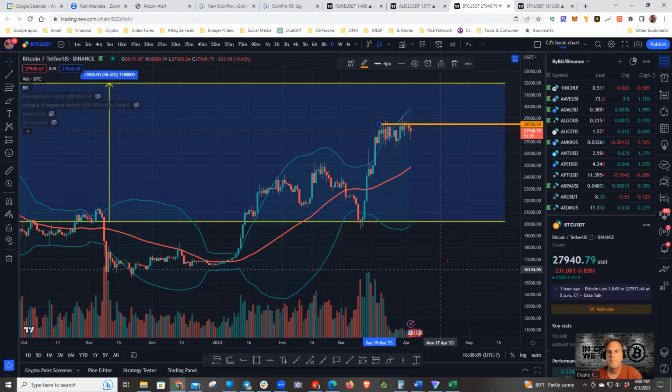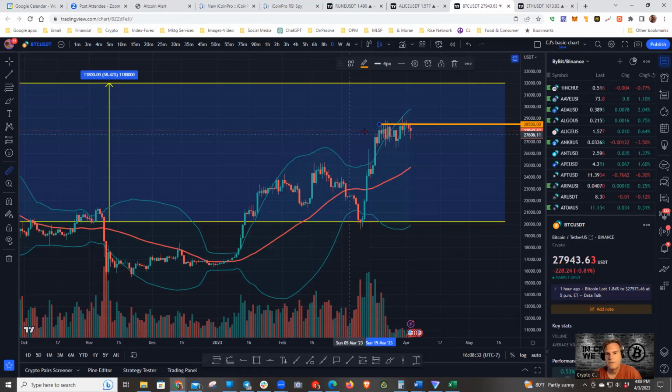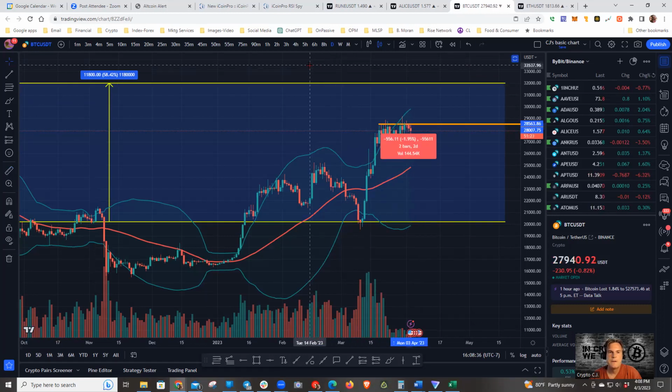But we've been kind of putzing around this 28.5 area for about 10 days, closer to 2 weeks. It looks like it's going to take some extreme effort to get us past that, to break this resistance and establish it as support. The last 3 days have been negative. Over the weekend, we're down a little bit, about 2%. So that's where we are on Bitcoin.